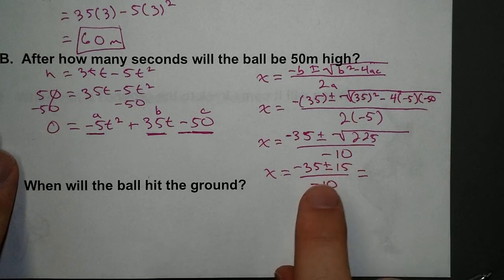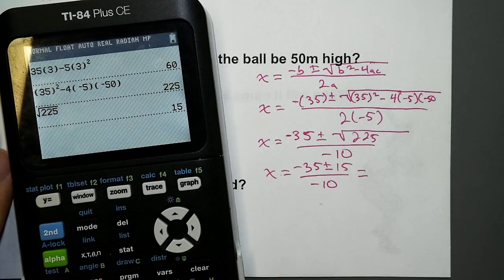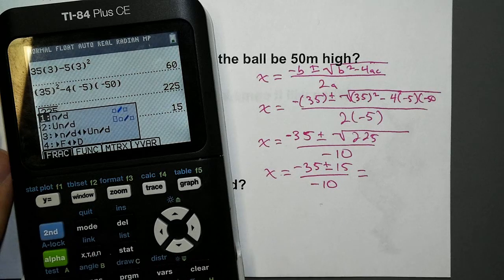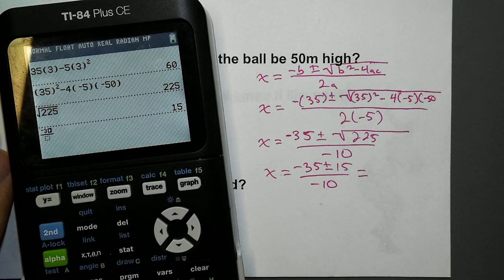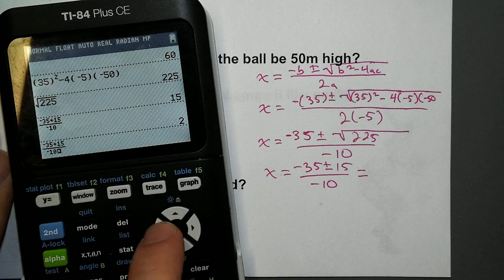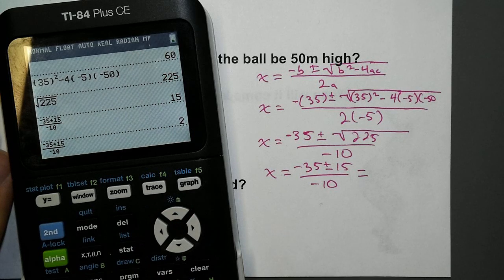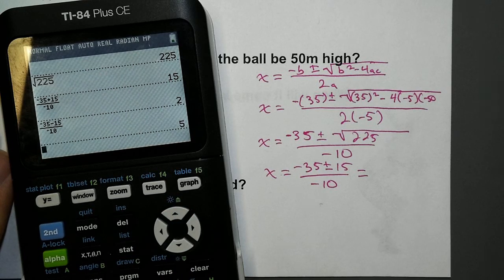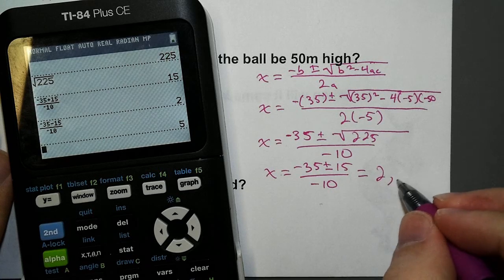Do this with a plus, do this with a minus. So alpha y equals, put in your fraction, negative 35 plus 15 divided by negative 10. And then type it in again. But this time change that plus into a minus. So I ended up getting 2 and 5.